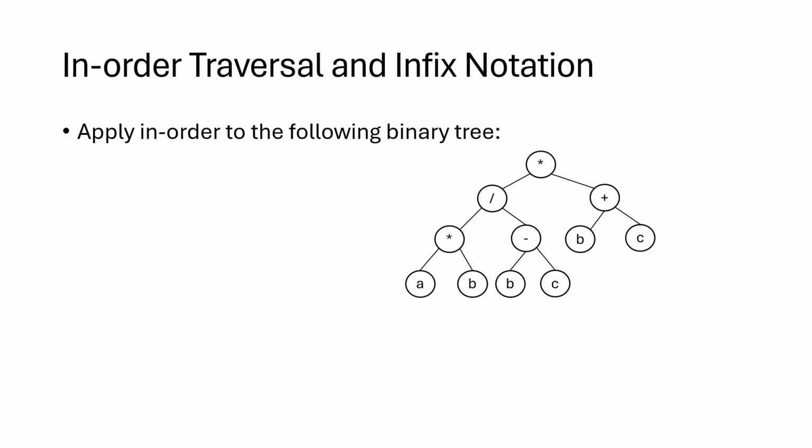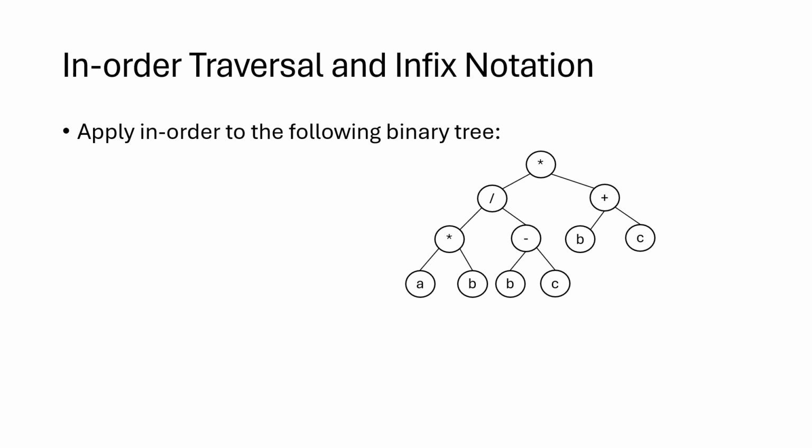So here we have a binary tree that represents an arithmetic expression that involves A, B, C, and the operators for multiplication, division, subtraction, and addition. Now, we want to see what happens if we apply an in-order traversal on this tree.